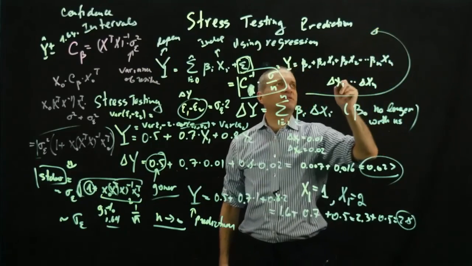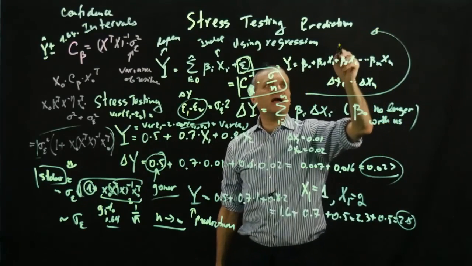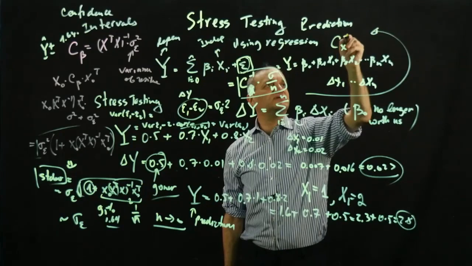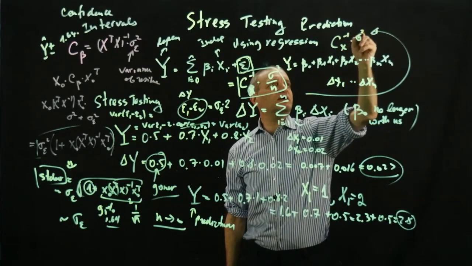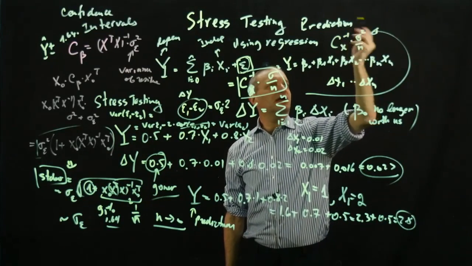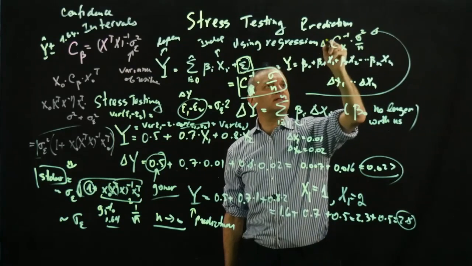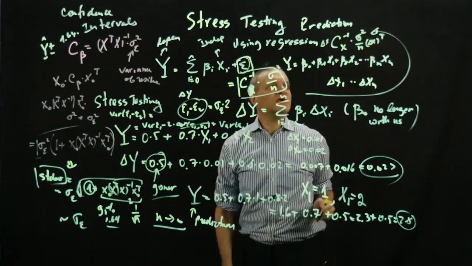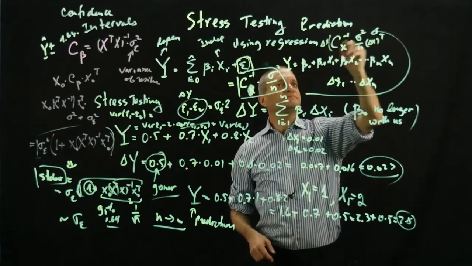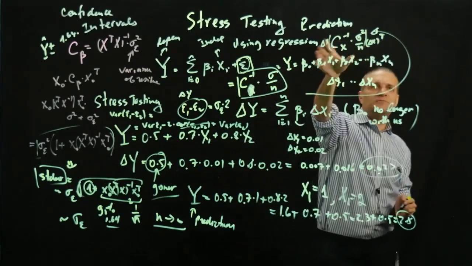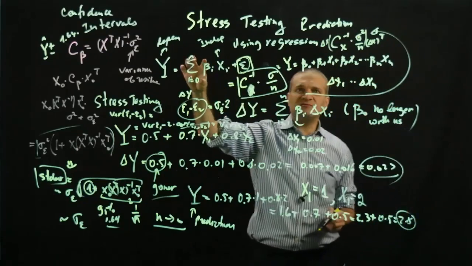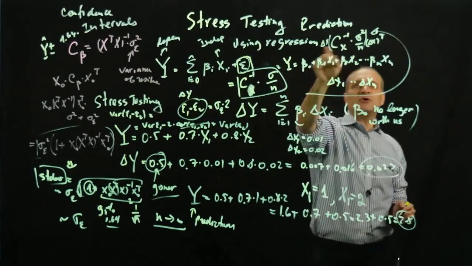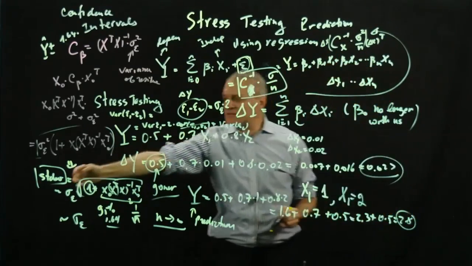And that's the formula that I did in class. It is going to be Cx inverse times sigma squared divided by n, and then you want to multiply by your change. This is the stuff that comes from the beta, because it's exactly the same as a prediction.